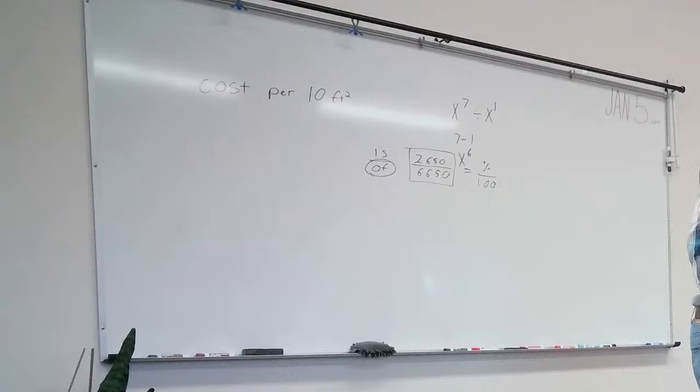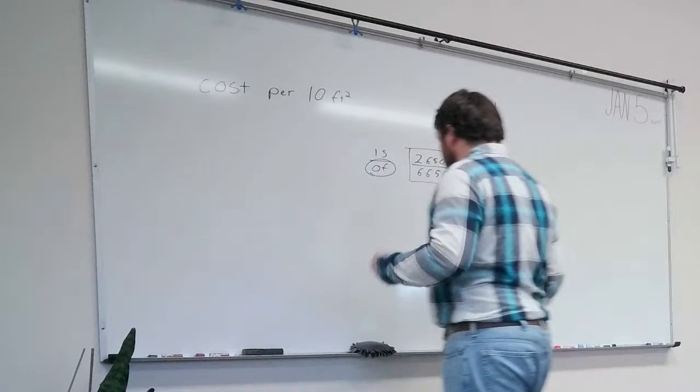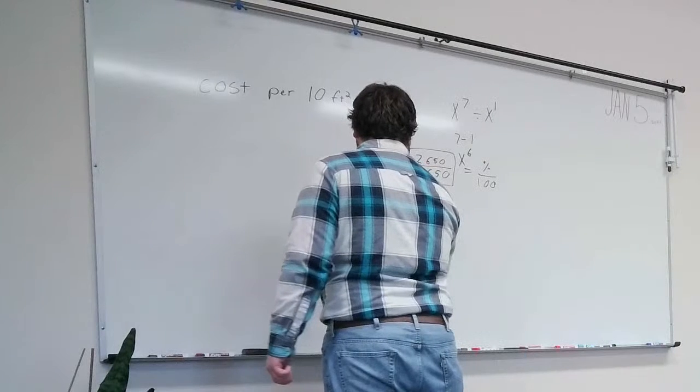So here's the deal. There's a couple ways to do this. They have 1,200 square feet of fabric to start with, all right? So here again, it's a proportion thing. Everybody's got this proportion.